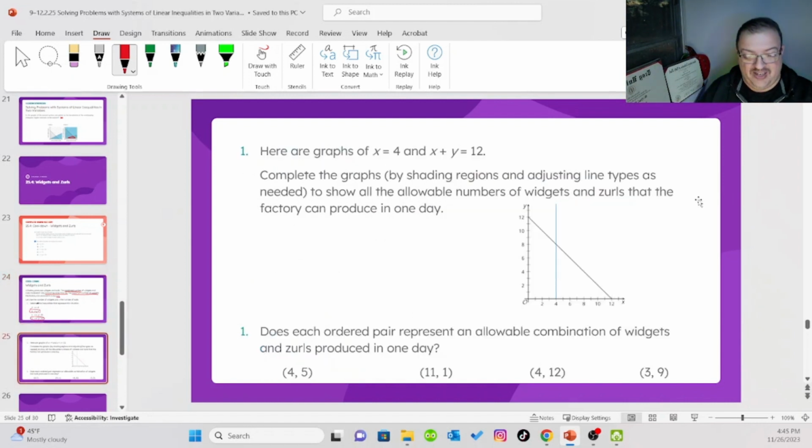Because it's or equal to, we are going to keep the solid line, and we're going to shade everything below it. This is combinations of x and y that will be less than 12. The solid line is combinations of x and y that will equal 12.